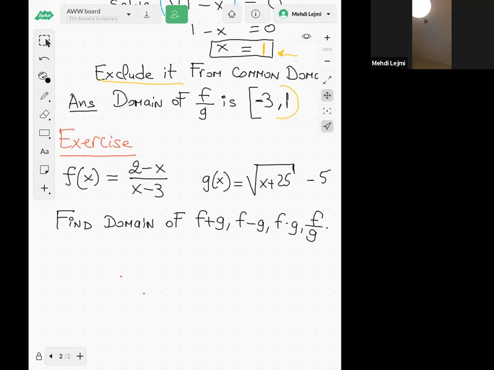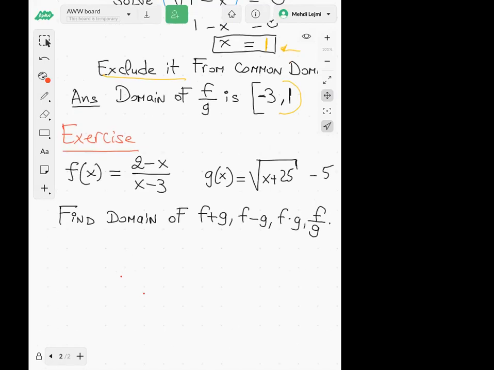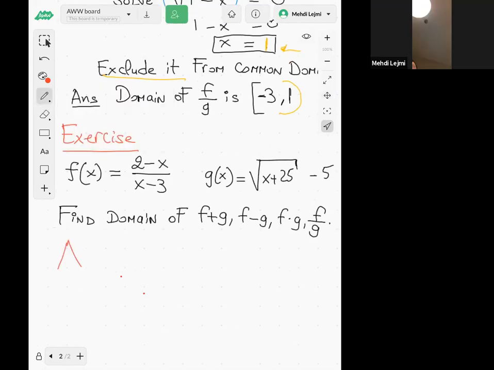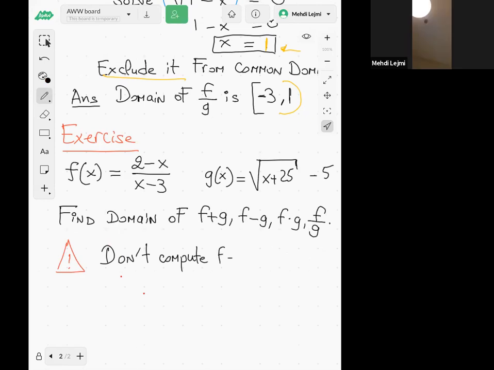All right. Just to remind you, don't compute the f plus g, f times g, f over g. It's actually useless.